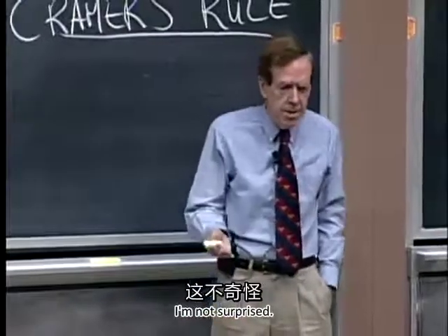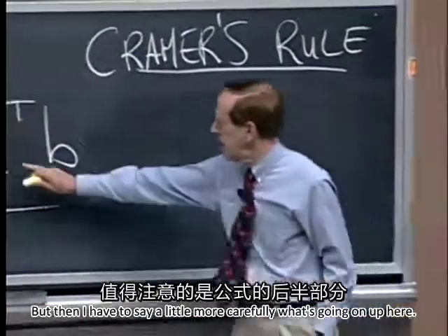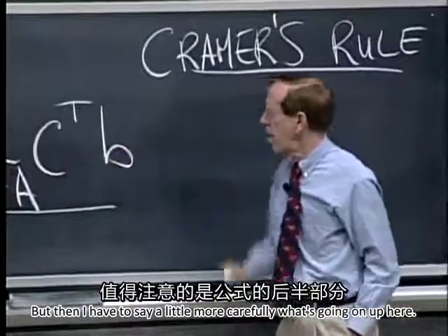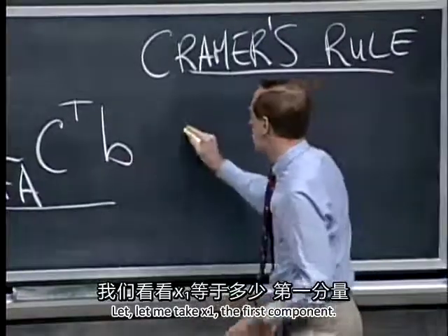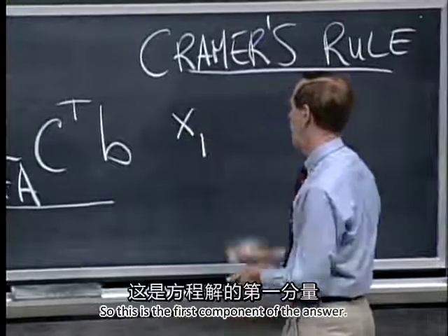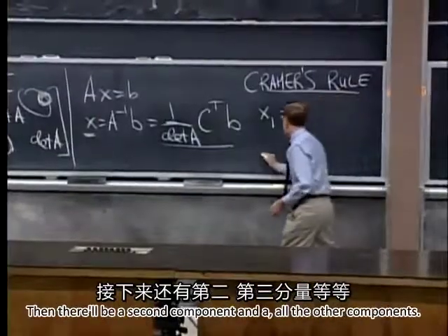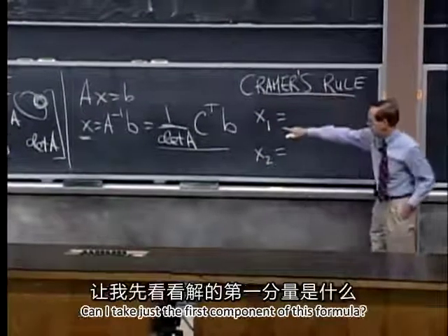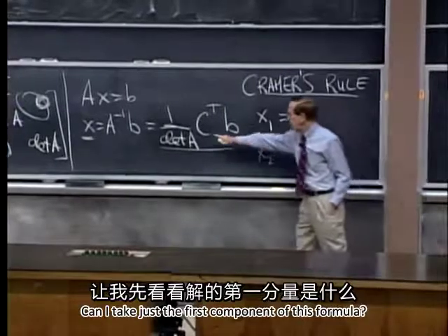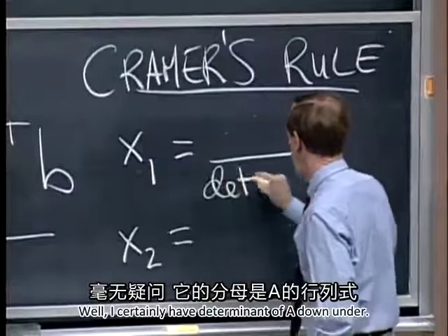I'm not surprised; there's a division by the determinant. But then I have to say a little more carefully what's going on up here. Let me tell you what Cramer's rule is. Let me take x1, the first component of the answer. Then there'll be a second component and all the other components. Can I take just the first component of this formula? Well, I certainly have the determinant of A down under.